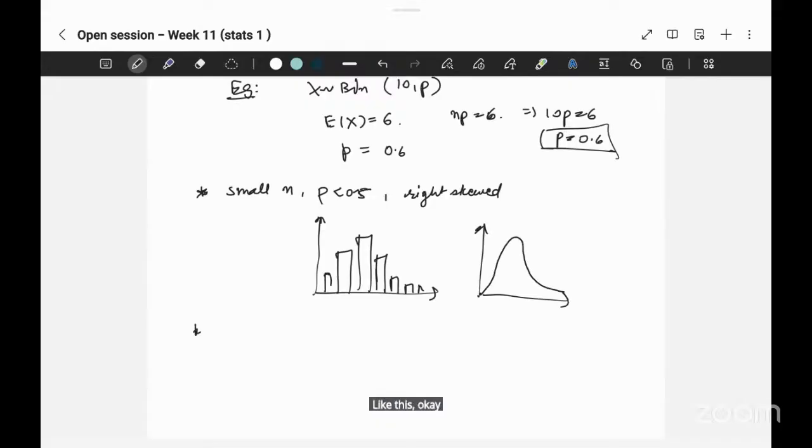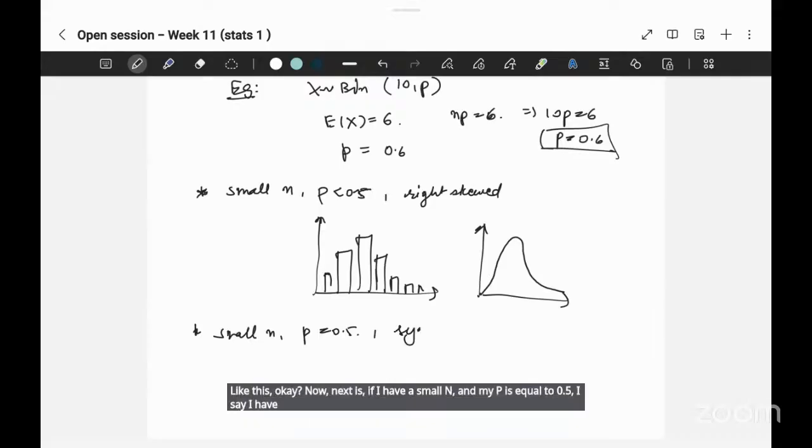Now next, if I have a small n and my p is equal to 0.5, I say I have a symmetric graph.